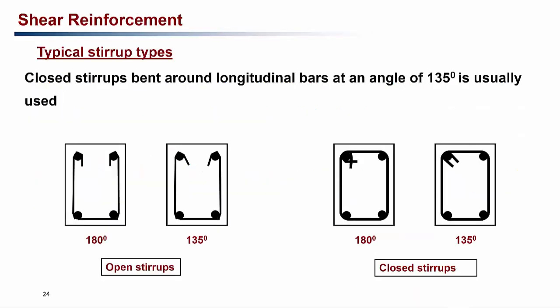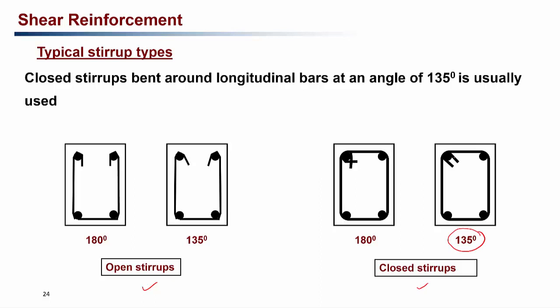Now some typical shapes of the stirrups are shown here. This shows some examples of the stirrup shapes. This one is open stirrups and this is called closed stirrups. And usually the closed stirrups with the stirrups bent around longitudinal bars at 135 degrees are preferred.